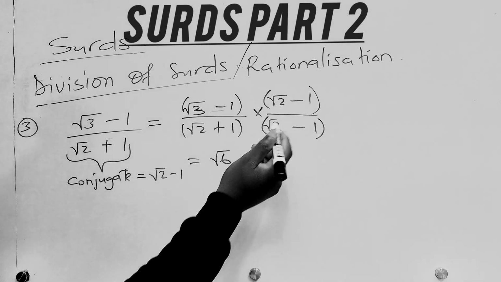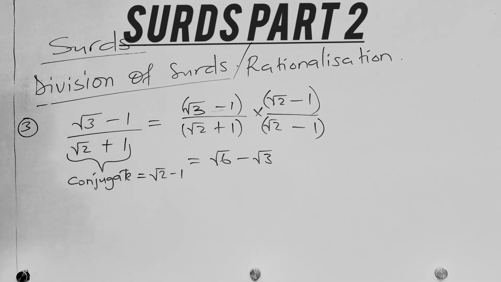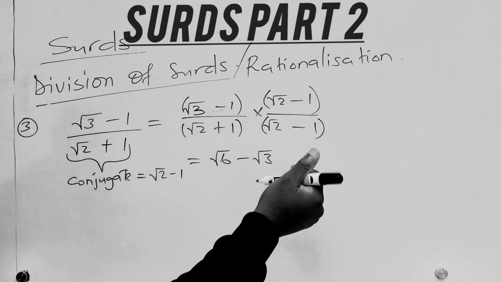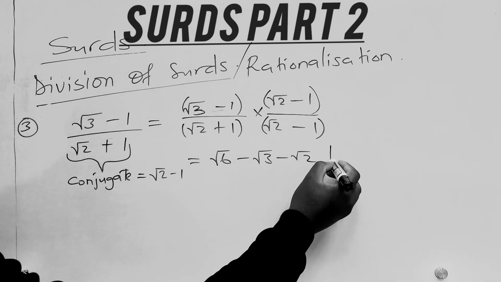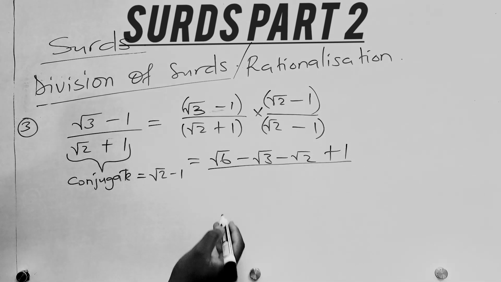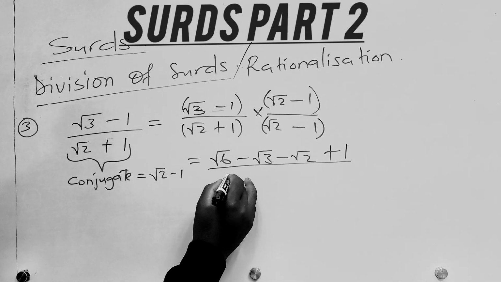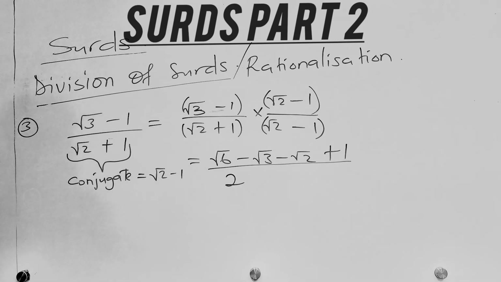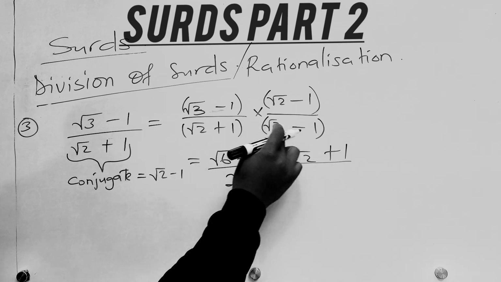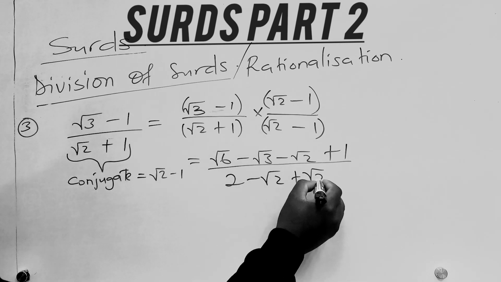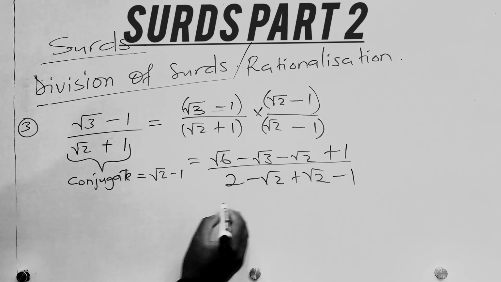Root 3 times negative 1, we get negative root 3. Then minus 1 times root 2, minus root 2, minus 1 times minus 1, plus 1. Over root 2 times root 2, we get a 2. Root 2 times minus 1, we get negative root 2. 1 times root 2, we get positive root 2. 1 times minus 1, we get minus 1.